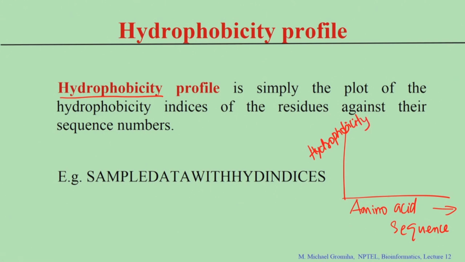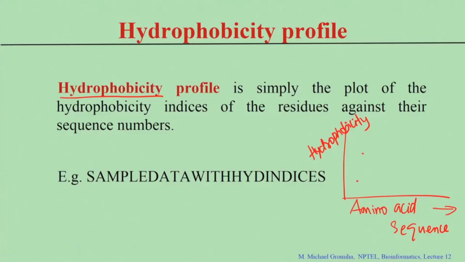Each amino acid has a value depending upon the hydrophobic character of the residue. So, depending upon the residues in the sequence, we can plot each value. When you connect them, we get a plot.